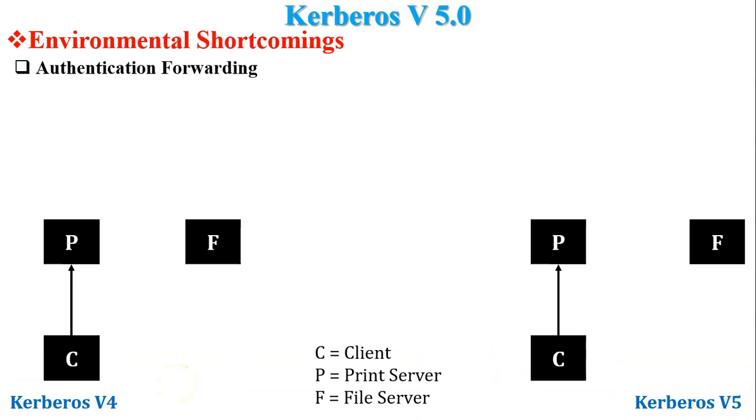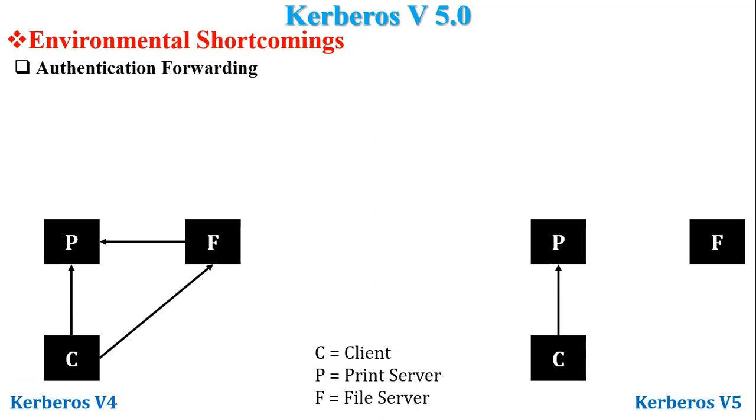In Kerberos version 4, the client provides authentication to the file server and instructs the file server to provide the file to the print server. Here in the Kerberos version 4 scenario, the client provides two authentications, one for the print server and another for the file server. Now discuss in Kerberos version 5 how the print server can access a file from the file server. In Kerberos version 5, the client has already authenticated itself to the print server.